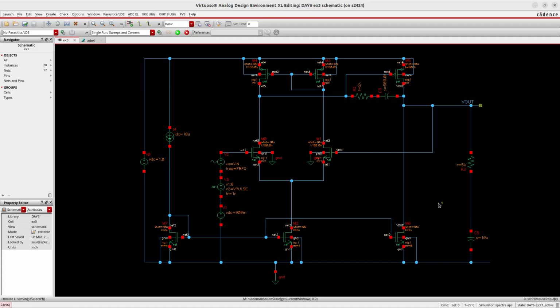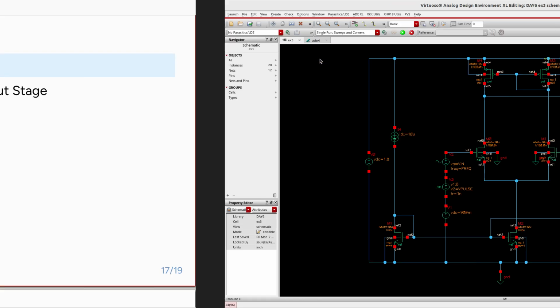Okay, so I have this circuit, and if I draw this circuit here again, what we have is the following. We have plus, minus, like this, and this is 5 kilo ohms.